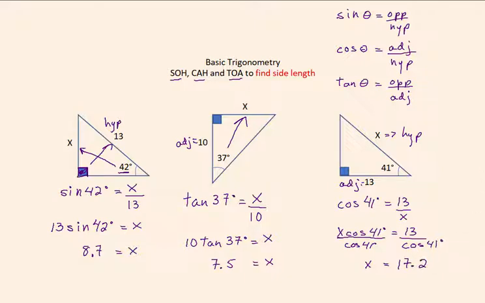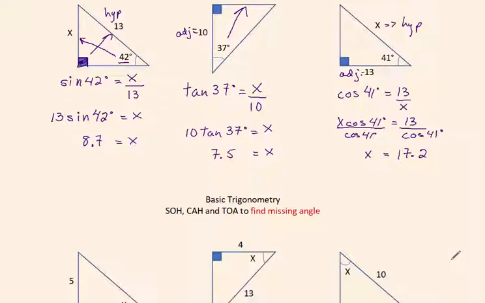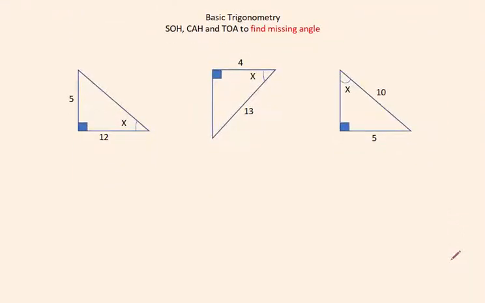Now, if I'm looking for missing angles, I'm going to use the same SOH CAH TOA, but a little differently, because now I'm going to need to find the value of the inverse of certain values. So again, let's identify what I have. I'm looking for this angle.